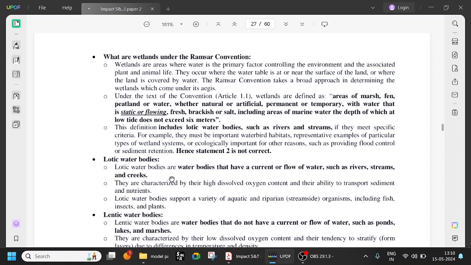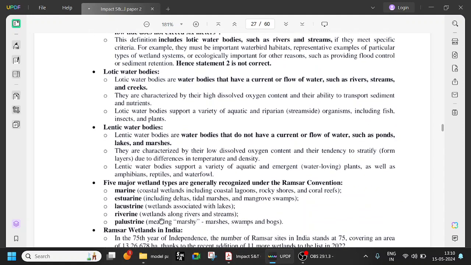Lotic water bodies are water bodies that have a current or flow of water, such as rivers, streams, and creeks. They are characterized by high dissolved oxygen content and the ability to transport sediment and nutrients. They support a variety of aquatic and riparian organisms, that is streamside organisms like fish, insects, plants. That is a lotic water body.